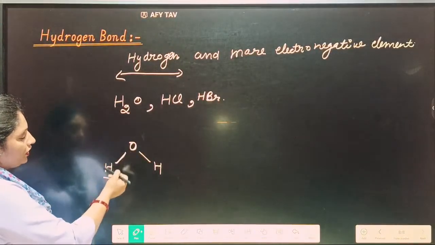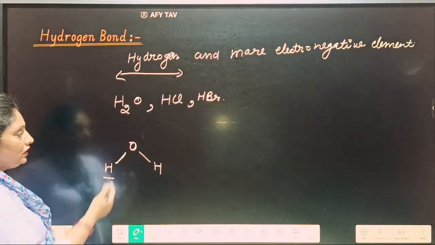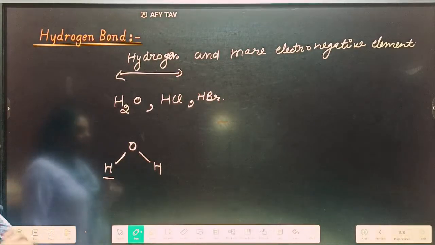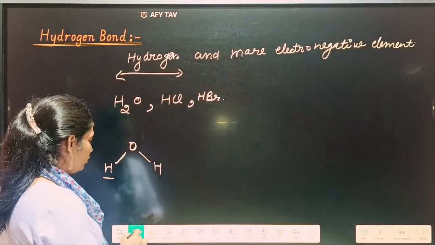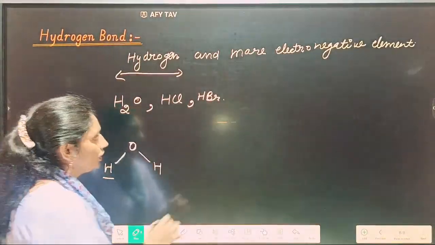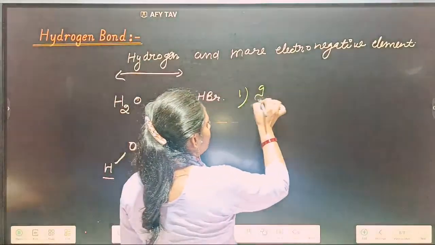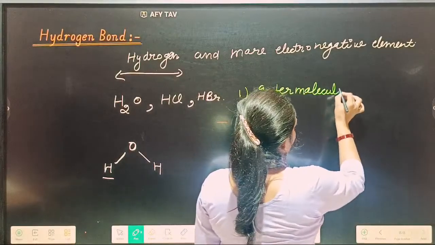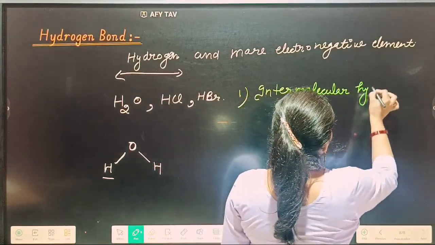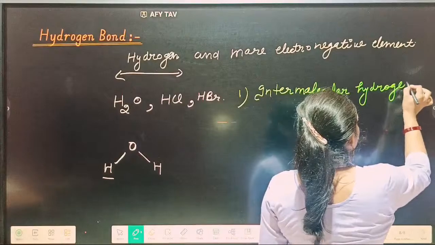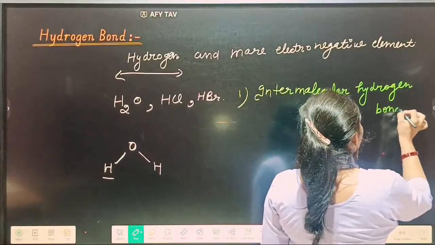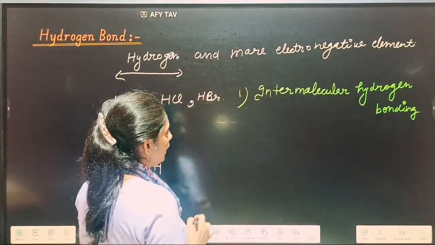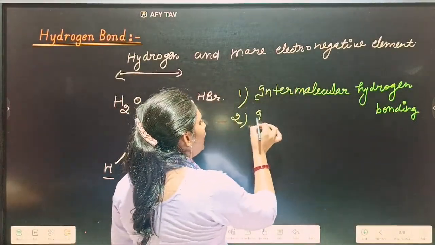The bond is between hydrogen and oxygen, so they can form a hydrogen bond. If I talk about hydrogen bonding, there are two types: intermolecular hydrogen bonding and intramolecular hydrogen bonding.